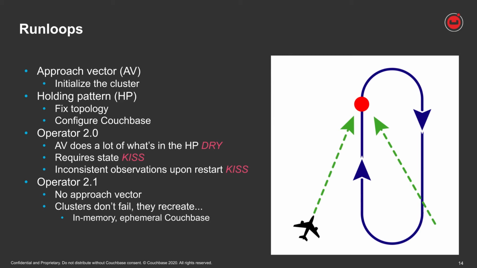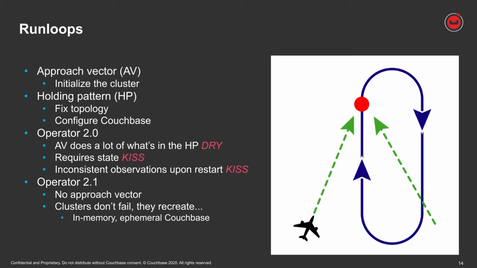Typically, we enter our approach vector and go, are you running? Yes. Then skip ahead and go into the run loop. If not, then do some initialization. And if that ever went wrong for whatever reason, it would go into the failed state, and it would stay failed. But again, we're trying to keep it simple.